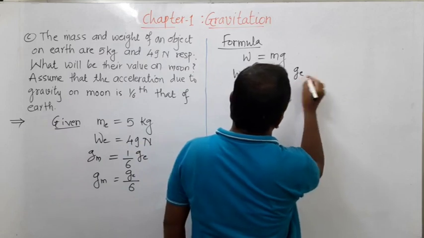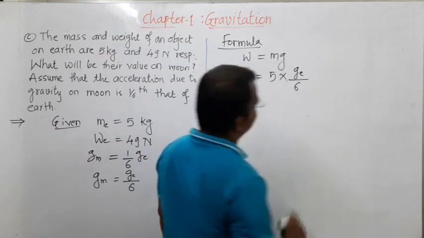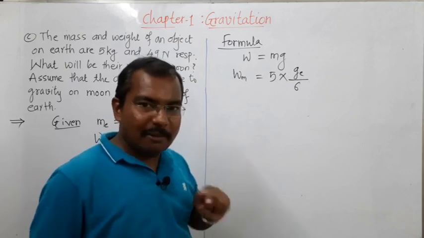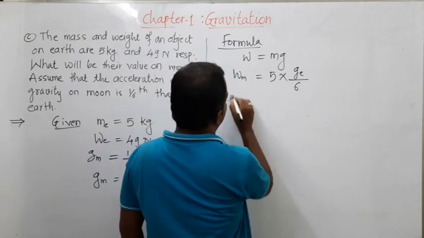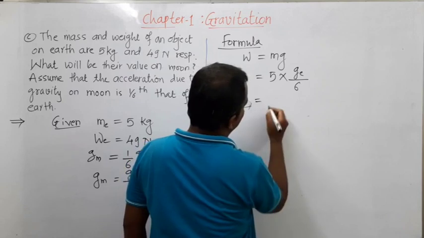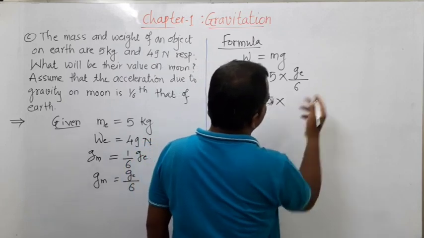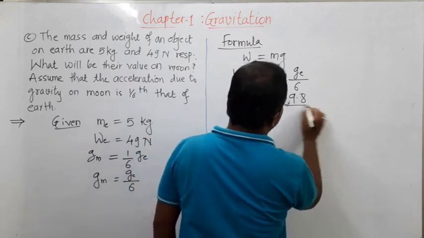So g_E upon 6. The value of g_E we know very well. Weight on moon is equal to, what will come, 5 into the value of g_E, 9.8 divided by 6.